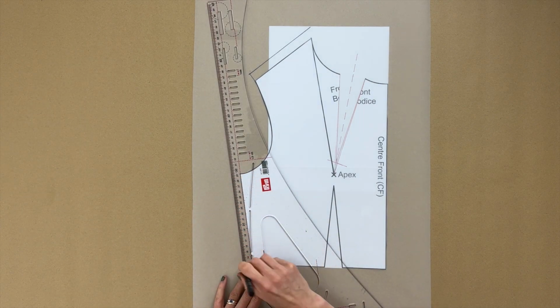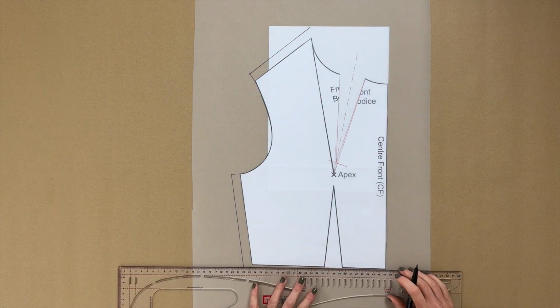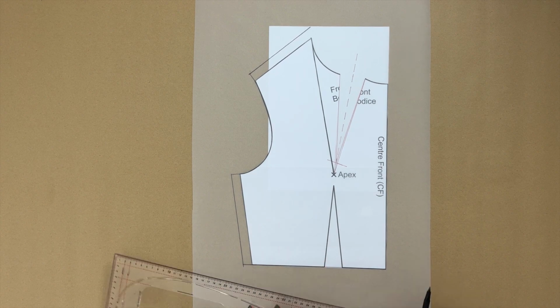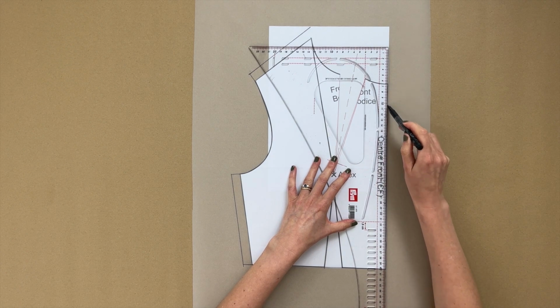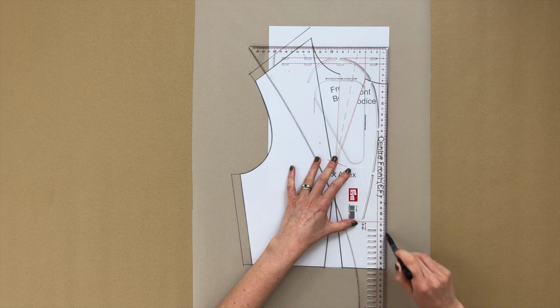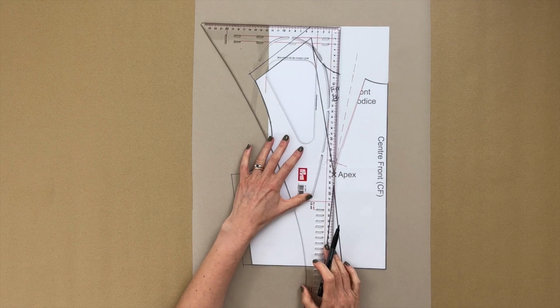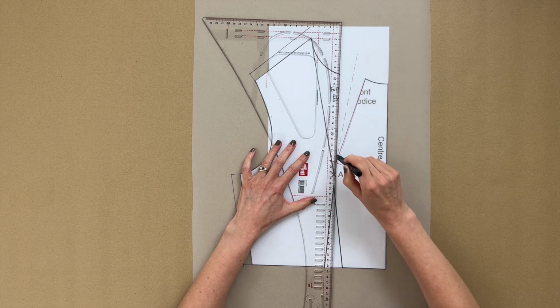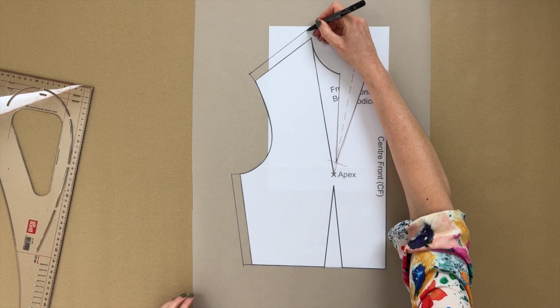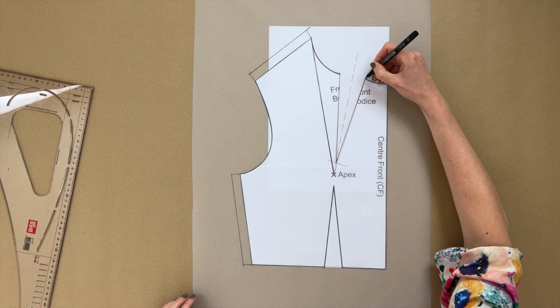Allow a 1.5 centimeter seam allowance to the side seam. Draw in your waistline and your waist dart. The centre front line will be cut on the fold, so just trace around that exactly. Next, draw in your dart along your neckline. And then finally, trace in your neckline.